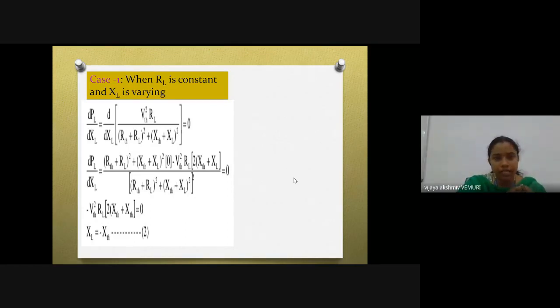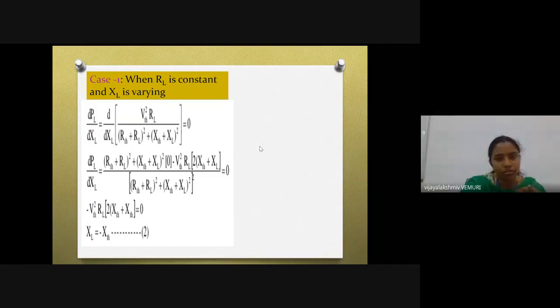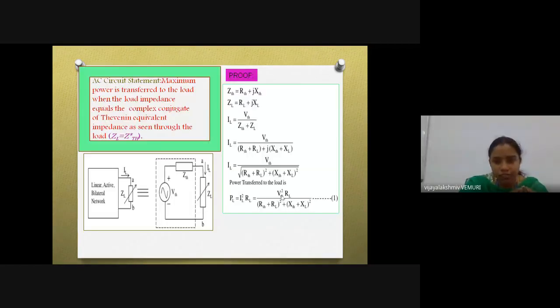Next, coming to the next case. After substituting 2 in 1, what is our first equation? This is the second equation. What is our first equation? The first equation is the power equation. In place of XL, you should have minus XTH, isn't it? So this part becomes 0.